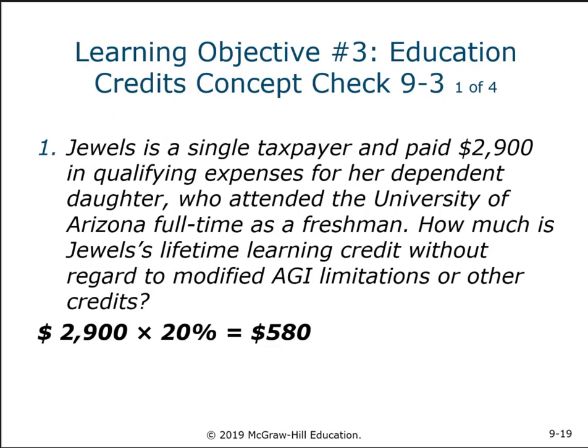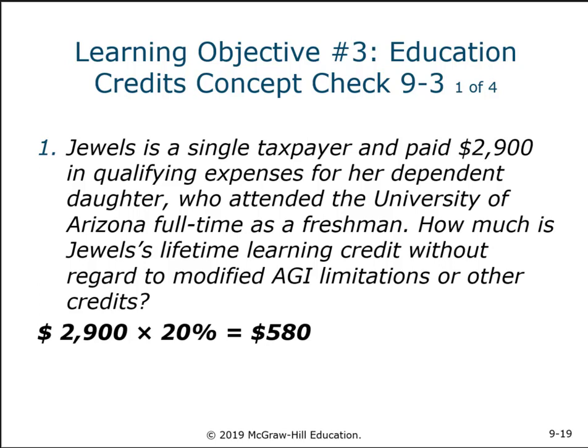So for example, you pay $2,900 of qualifying expenses for your dependent daughter, so everything's working. She's full-time as a freshman. The AOTC can only be used for the first 4 years of education, so basically a bachelor's degree or equivalent, and the student has to be degree seeking, meaning on track to actually get a degree, more than half time, which isn't that many credits, but it is something to consider.